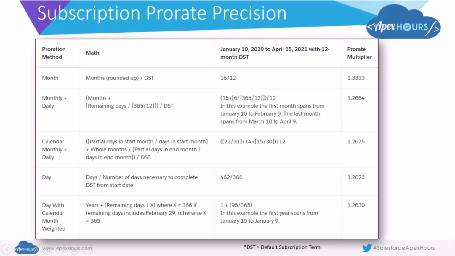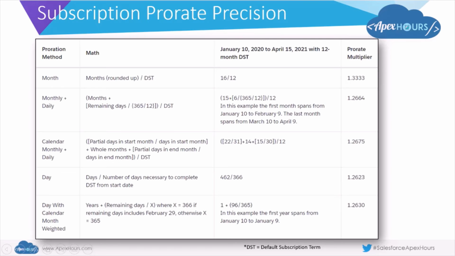And remember, this is a leap year, and ends not exactly at the end of a month term, but crosses a few days over. So it sort of helps explain the various scenarios. Also, this is related to a subscription product which has a 12-month default subscription term. So DST here refers to default subscription term. Now let's walk through each example.